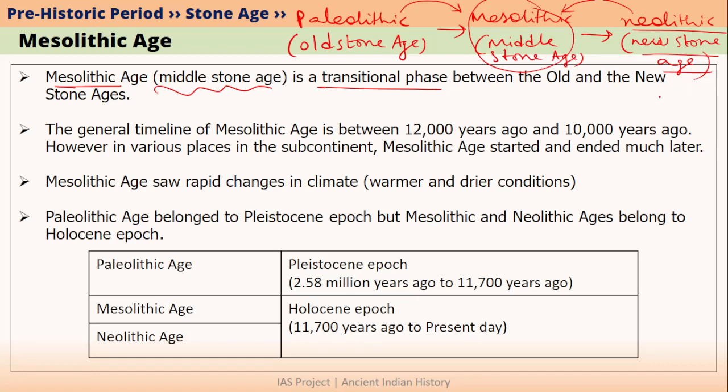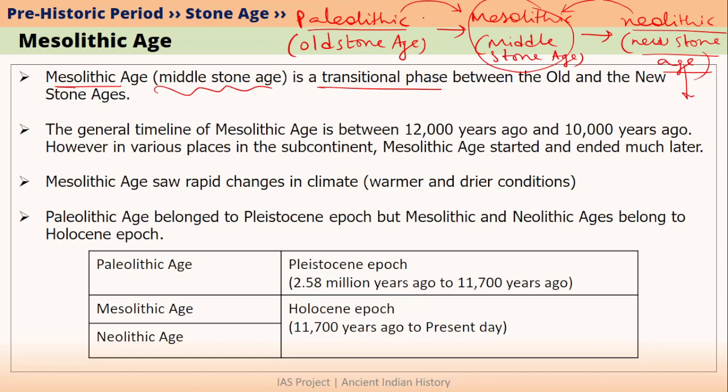So if in prelims a question is asked which period is associated with domestication of animals and cultivation of crops, the answer would be Neolithic period. But in Mesolithic period also, we see that a primitive type of domestication of plants and animals was happening. Similarly, we know that in Paleolithic Age, food was obtained by hunting and gathering.